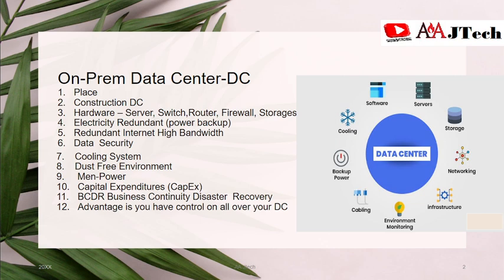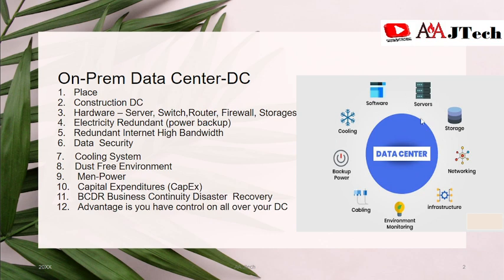And the 12th step is that it has one advantage: each and everything is in your control. You can control the cooling, you can control the data, you can have control over your hardware, software, each and everything in your hands.